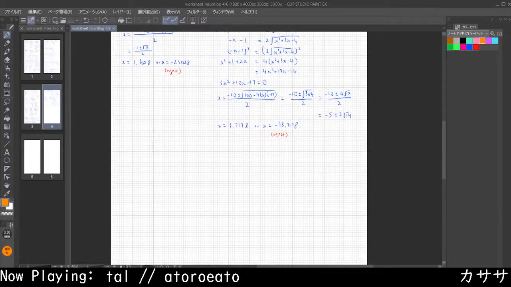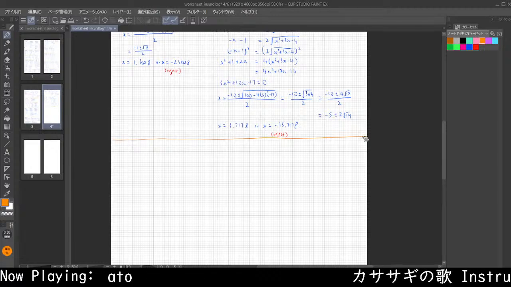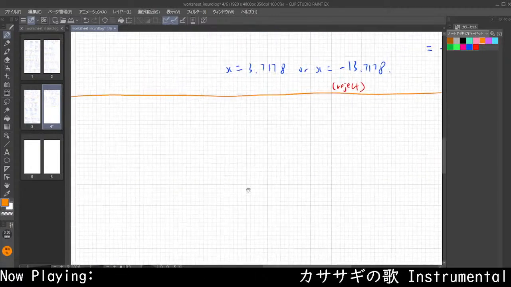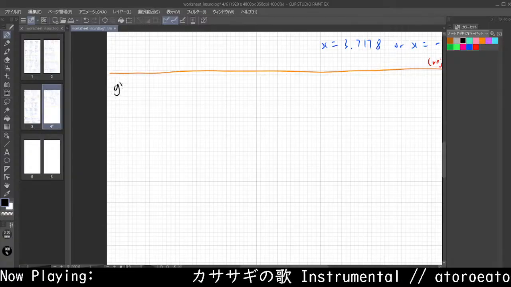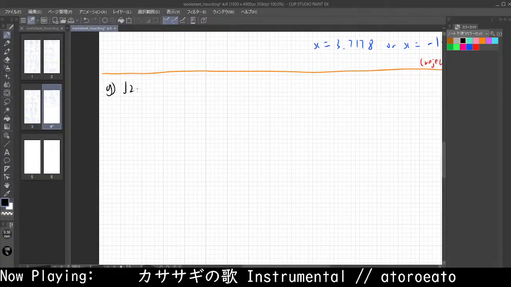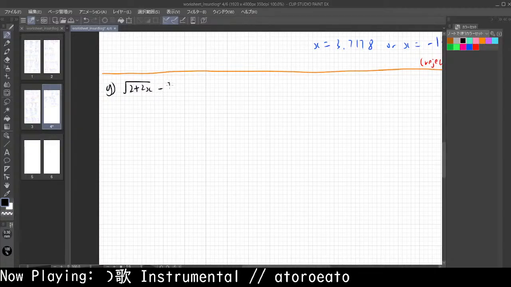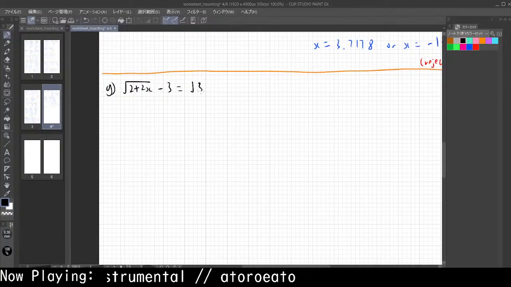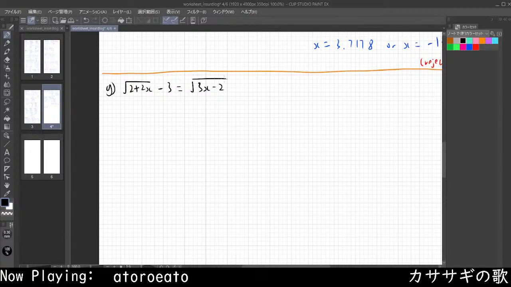Okay, last 2 for this portion. If you are still using the old version of the worksheet, I modified this question because putting the plus x in the middle actually makes it very tedious to solve.